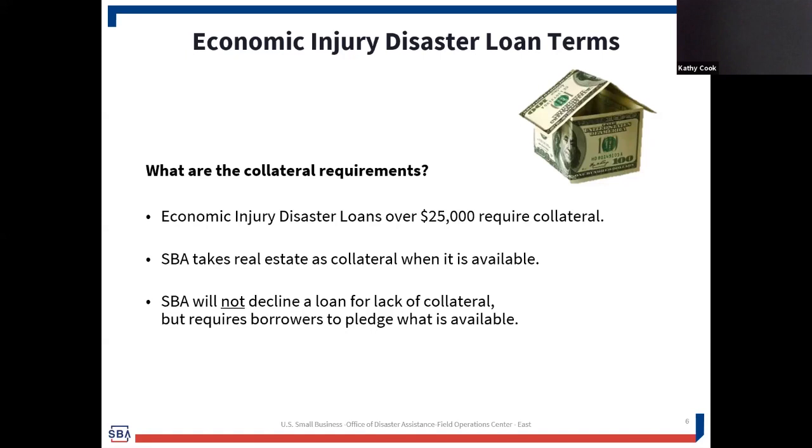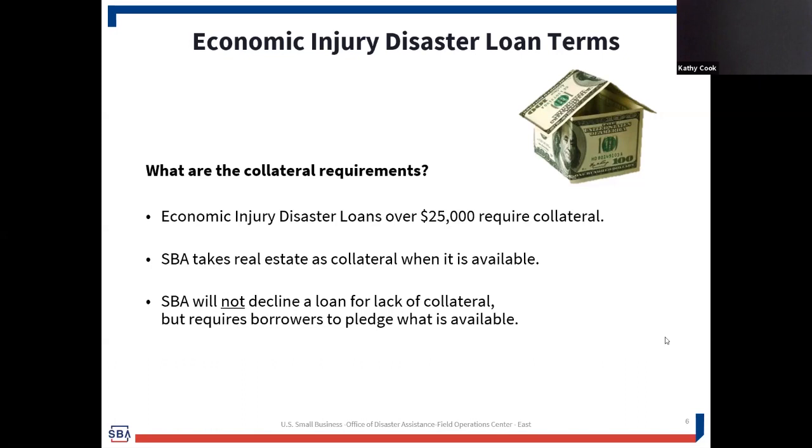What we won't do is decline somebody if they don't have real estate. We will take whatever type of collateral is available. We can take security interest on machinery and equipment, on inventory, on leasehold improvements. So we're not going to decline you if you don't own real estate. But if you have real estate and you say, well, Kathy, I don't want to pledge that.